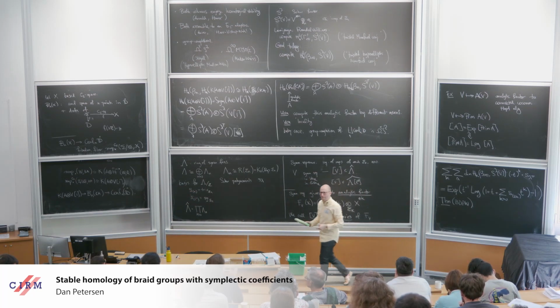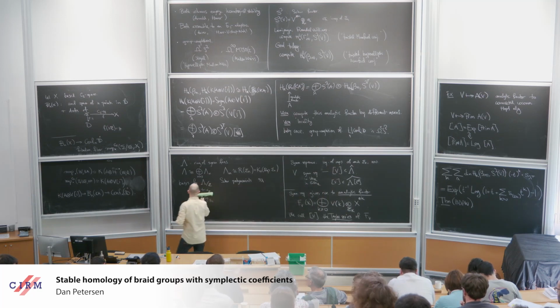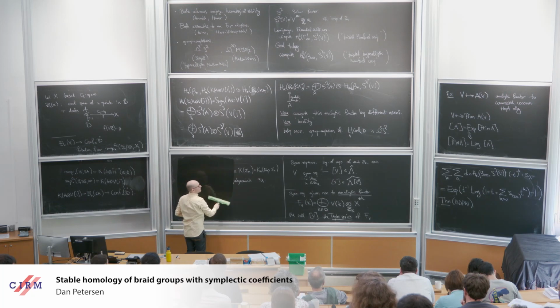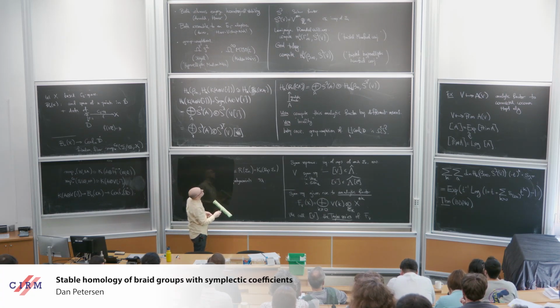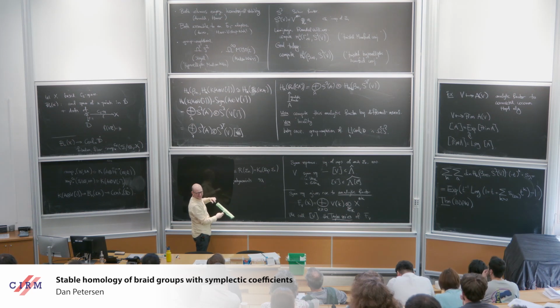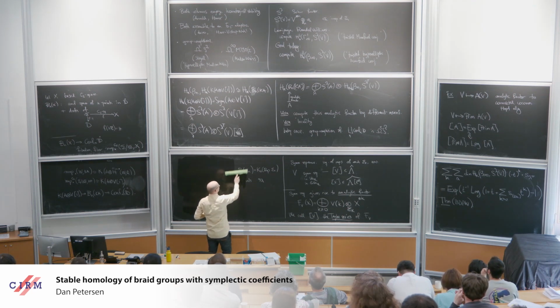Okay, so it's some kind of miraculous change, because it looks almost like the left-hand side, right? Yes. Well, you can re-index. I put the shift on V, but I can put the shift on A instead. Anyway.